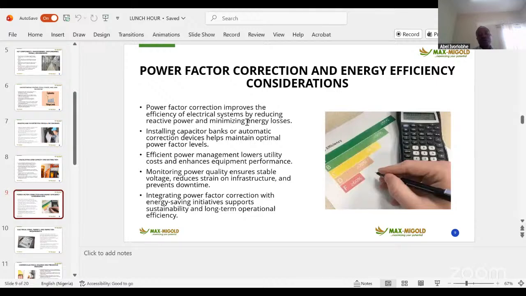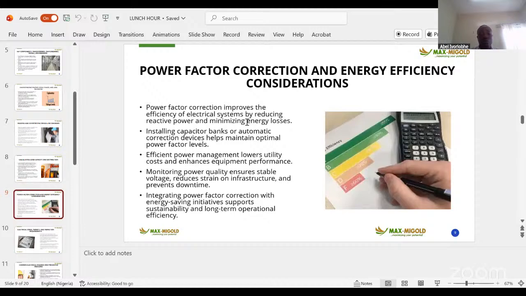So we have inductive load and capacitive load. Capacitive load is synonymous with fluorescent tubes. If that's what you have, it will give you a negative power factor. It starts affecting your generator.